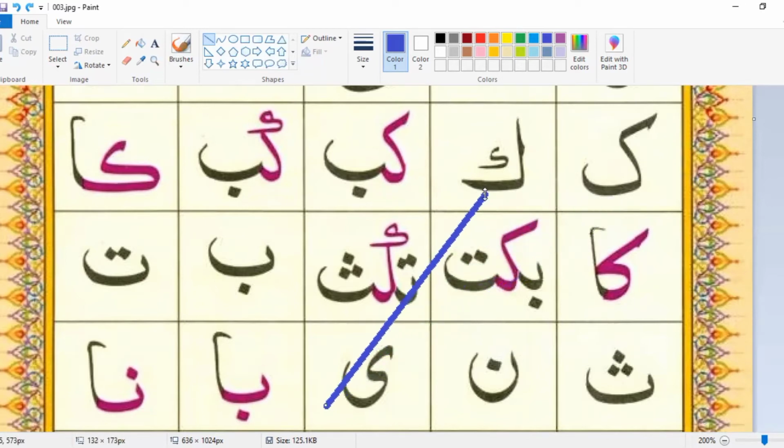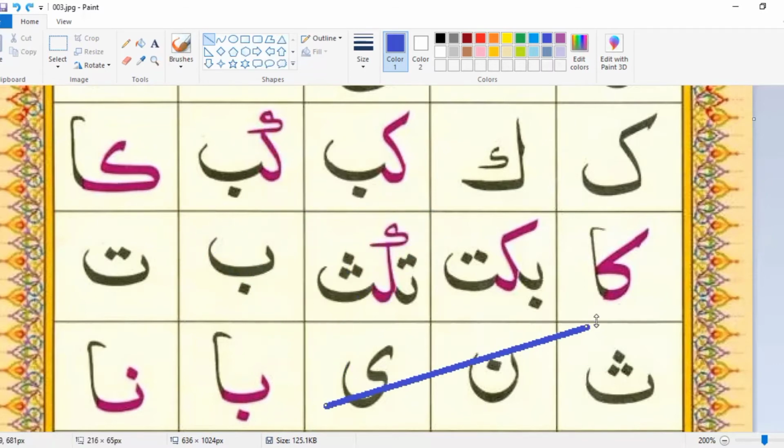Kaf, kaf, kaf, ba. If we connect this kaf with ba, then the shape would be this. Kaf, ba. If we connect this kaf with ba, then the shape is going to be like this. So these 2 are same, just different shapes of kaf.